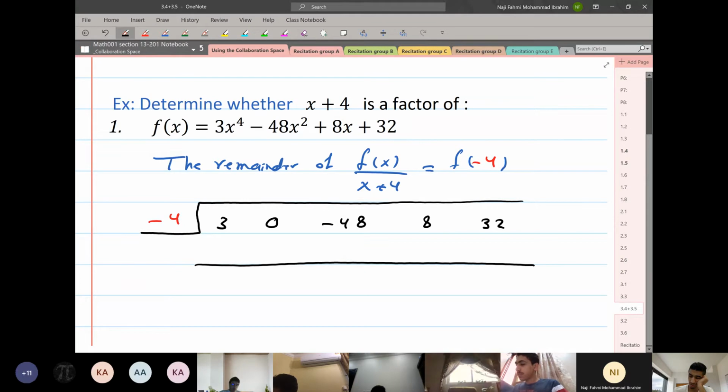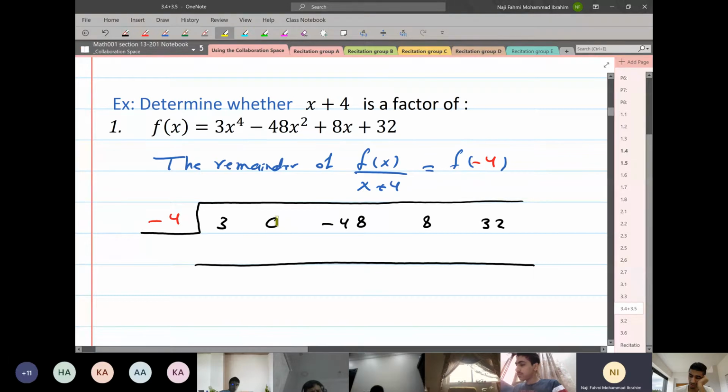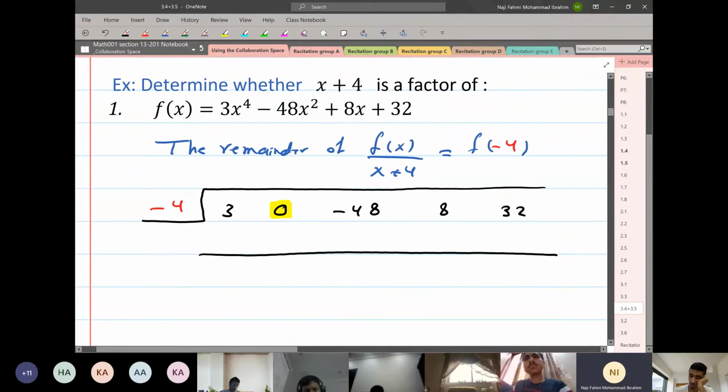The zero is for the missing term, which is x to the power 3. Do you see x to the power 3 in the question? It's missing.